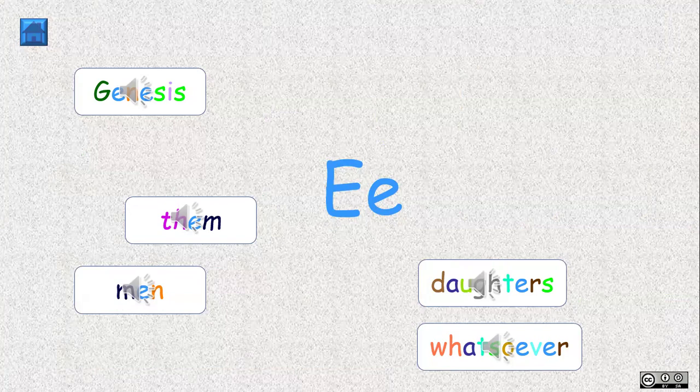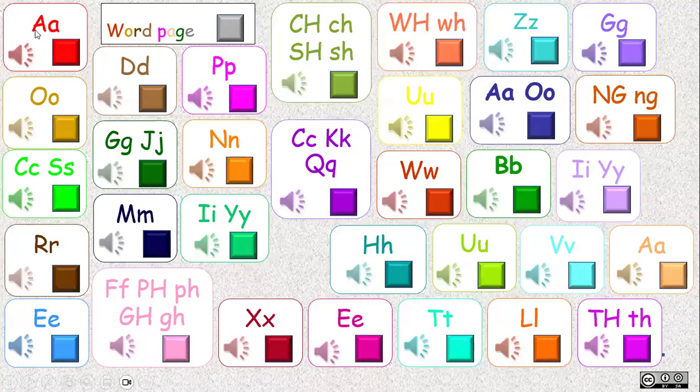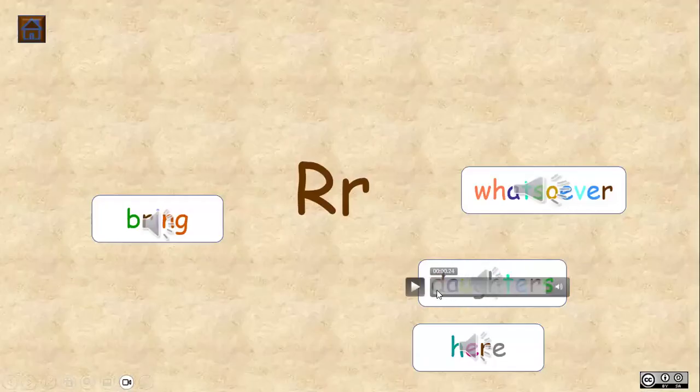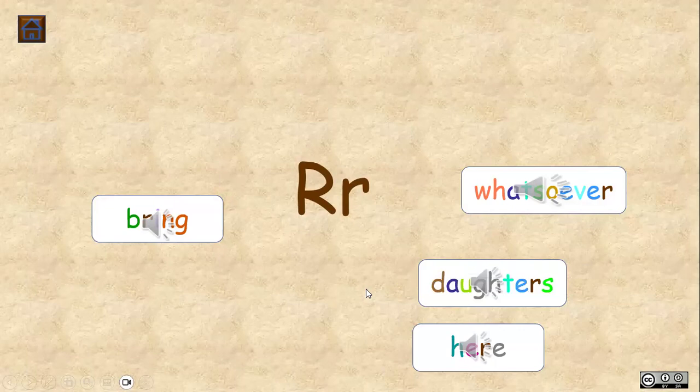The next sound is that which it blends into. The brown R says er. And we'll go to that page and we'll find the word daughters.